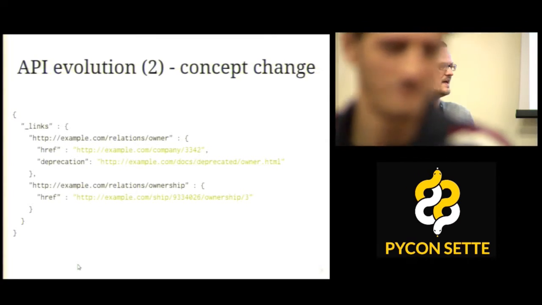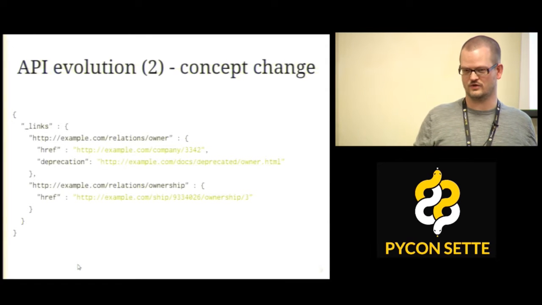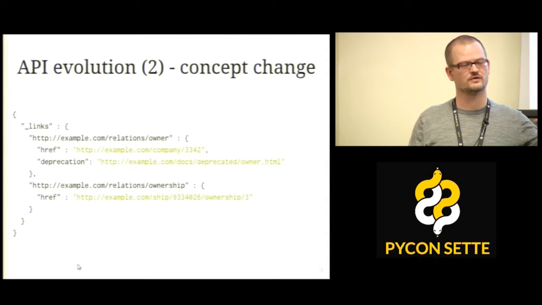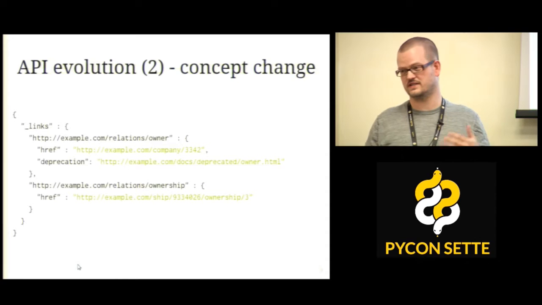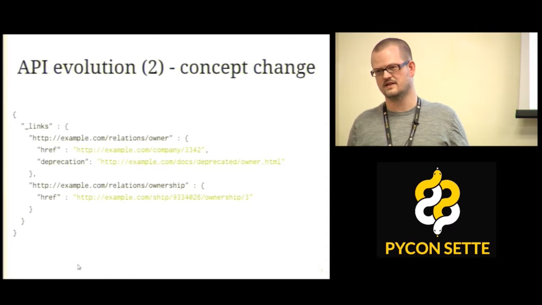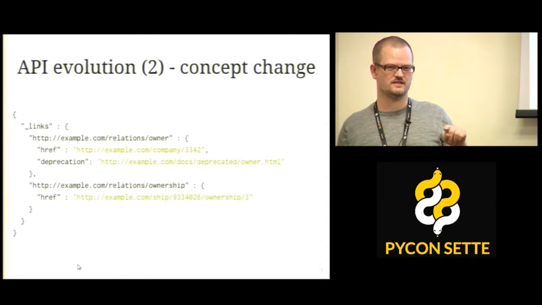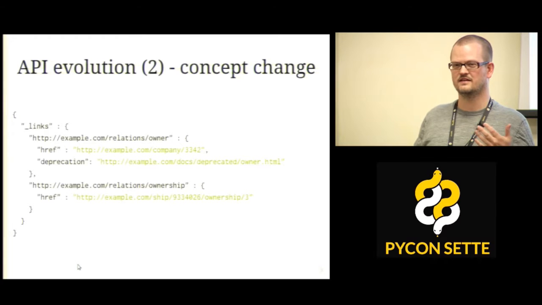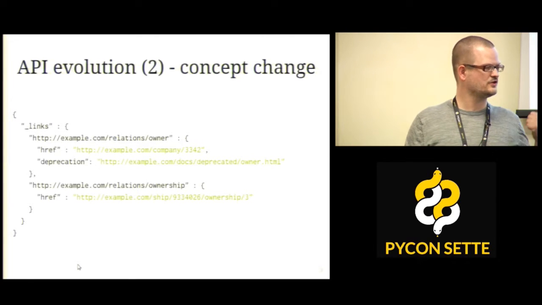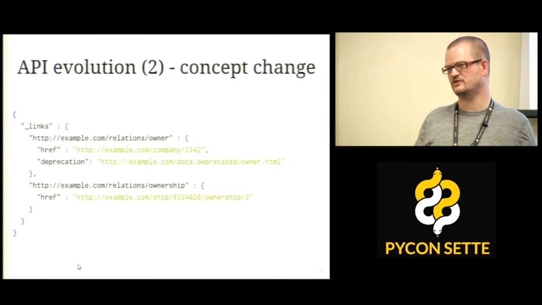Then you need to add relations to an ownership entity instead of the owner. And you can add a relation, because existing clients will just ignore that relation. And you can set a deprecation property on the old relation, signifying to clients that they need to start thinking about upgrading. There's a URL there, and you can show these URLs to a developer of a client.